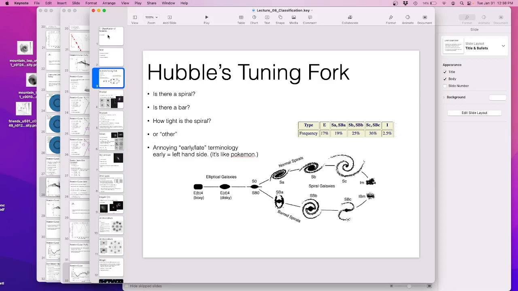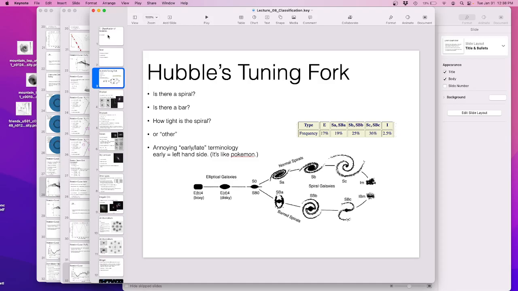The spirals, let's talk about the spirals first. Well, okay, let's talk about Hubble's tuning fork, because Hubble's tuning fork collects all of these things into a morphological scheme that is completely wrong. And it packed us with this terminology that I hate. There are some things about astrophysics that I will complain about. This early, late, astronomers love to dub things early and late type when they have no idea what it is.